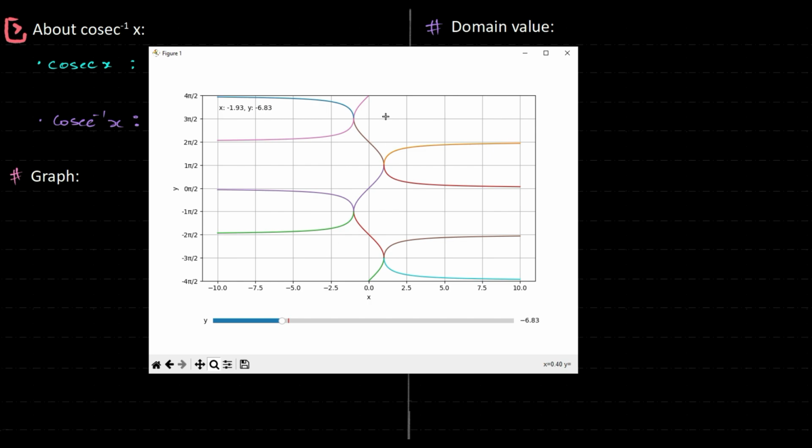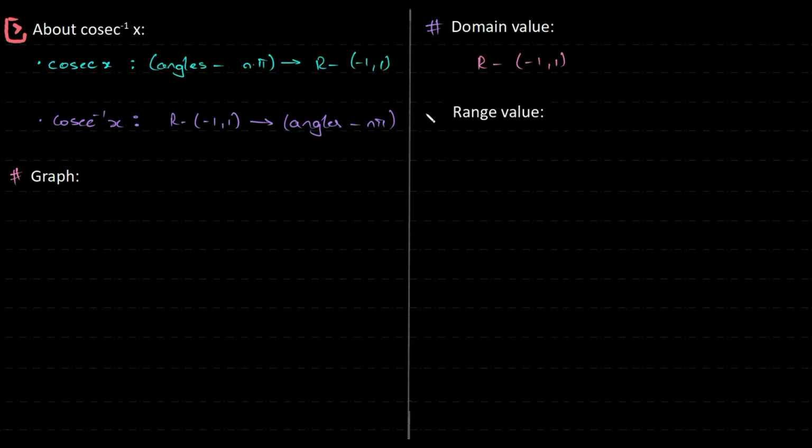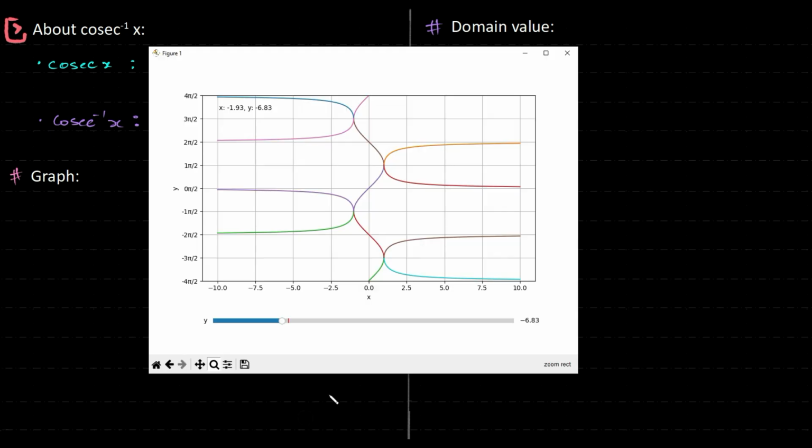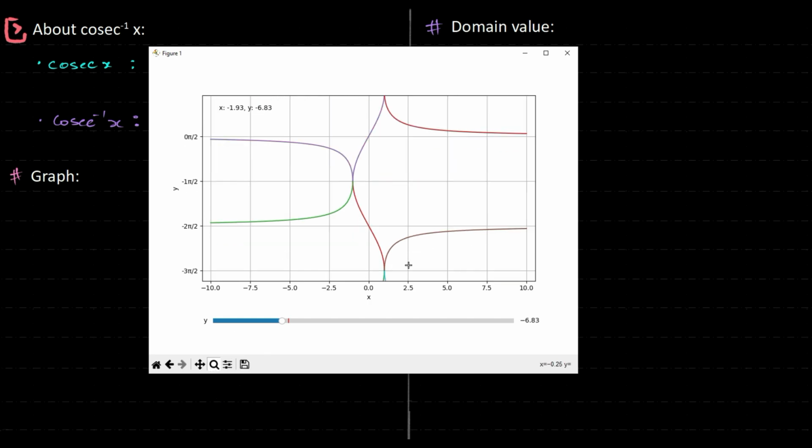Now, what are your ranges? For that, we'll make use of the concept of branches. So for branches, we need to make use of the sine.